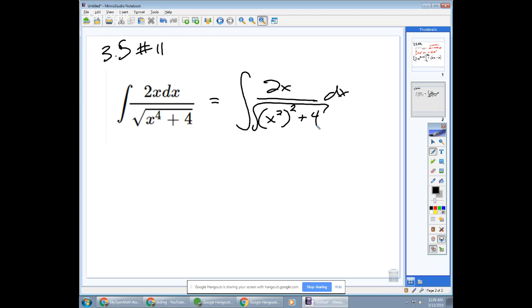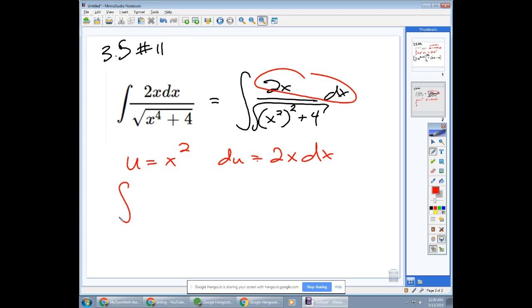And so if we let u equal x squared, then du is 2x dx, which happens to be sitting up there. So our new integral is the integral of 1 over the square root of u squared plus, I'm going to call that 2 squared, du.